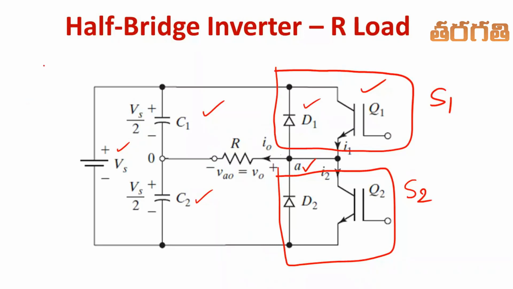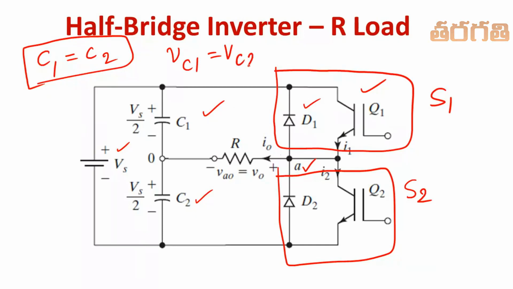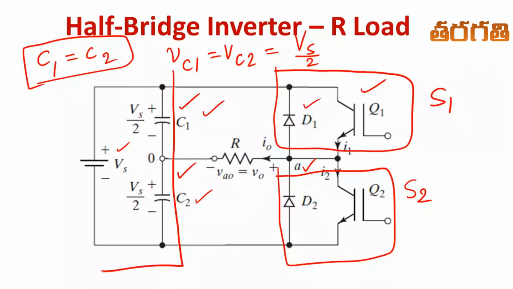If C1 is equal to C2, with equal value capacitors connected in parallel with the source, then the voltage across VC1 equals the voltage across VC2, each equal to Vs/2. That means exactly half of the voltage appears across capacitors C1 and C2. So this is treated as the source.